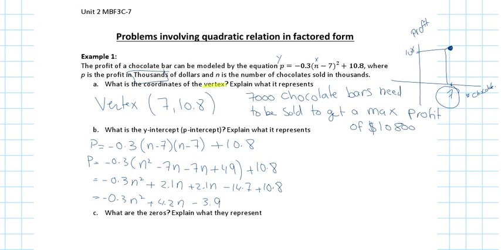So can you tell me from that form, what is the y-intercept? It's negative 3.9, or negative $3,900, right? Because it's in thousands. So the y-intercept is negative 3.9. Okay, so it's this. Now, what does it represent?